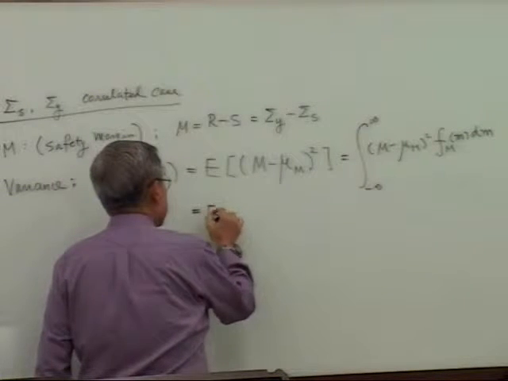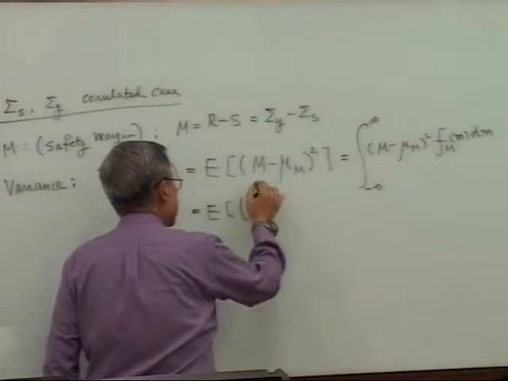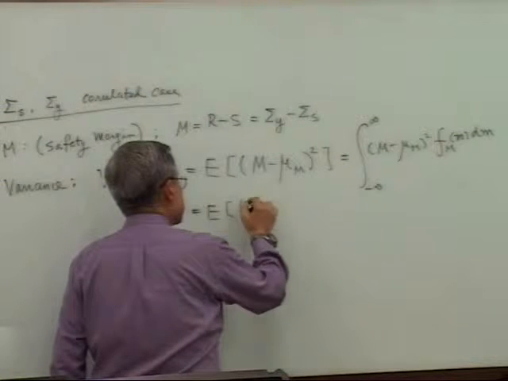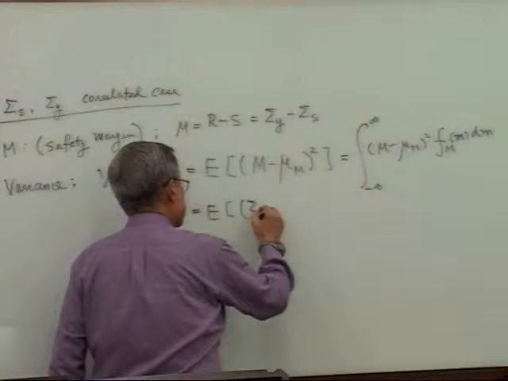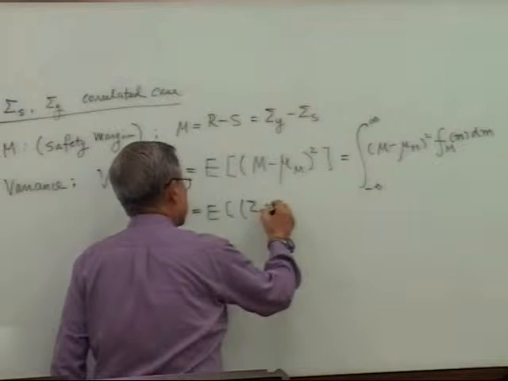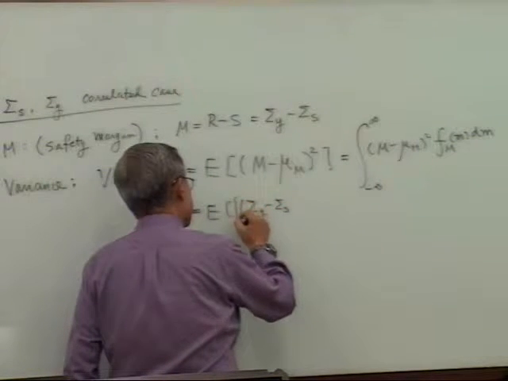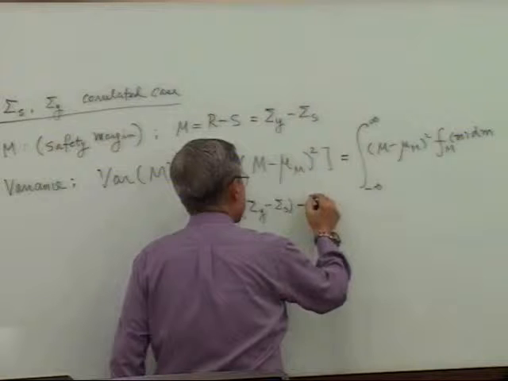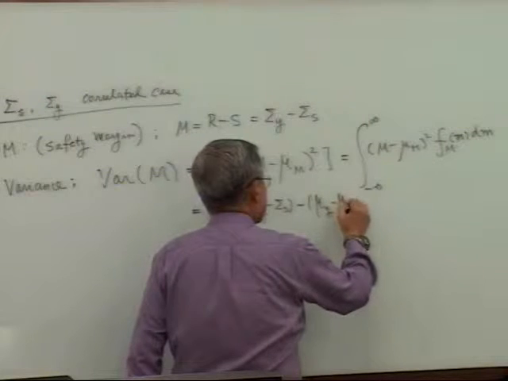Or I can write this as E of (M squared), and M is R minus S, or let's use the present notation, mu y minus sigma s, minus mu y, mu s.